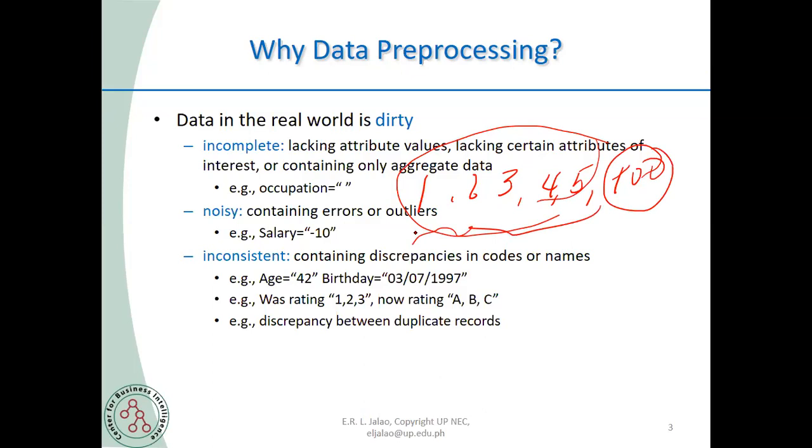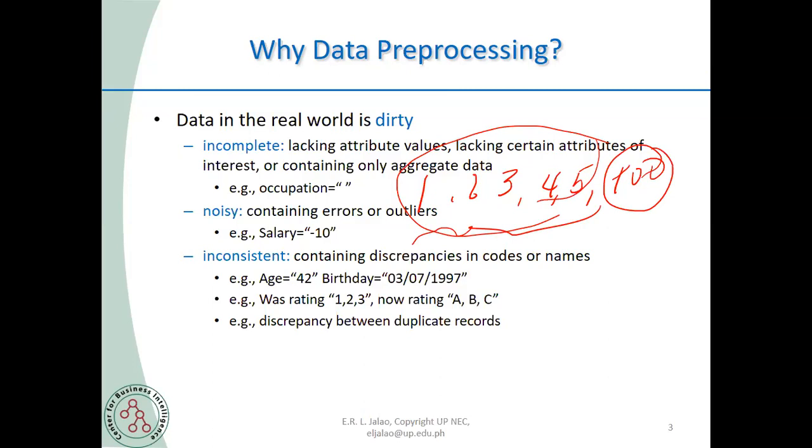So the dataset has its outlier. Yung 100 is masyadong malayo sa mga datasets natin. So it is noisy.